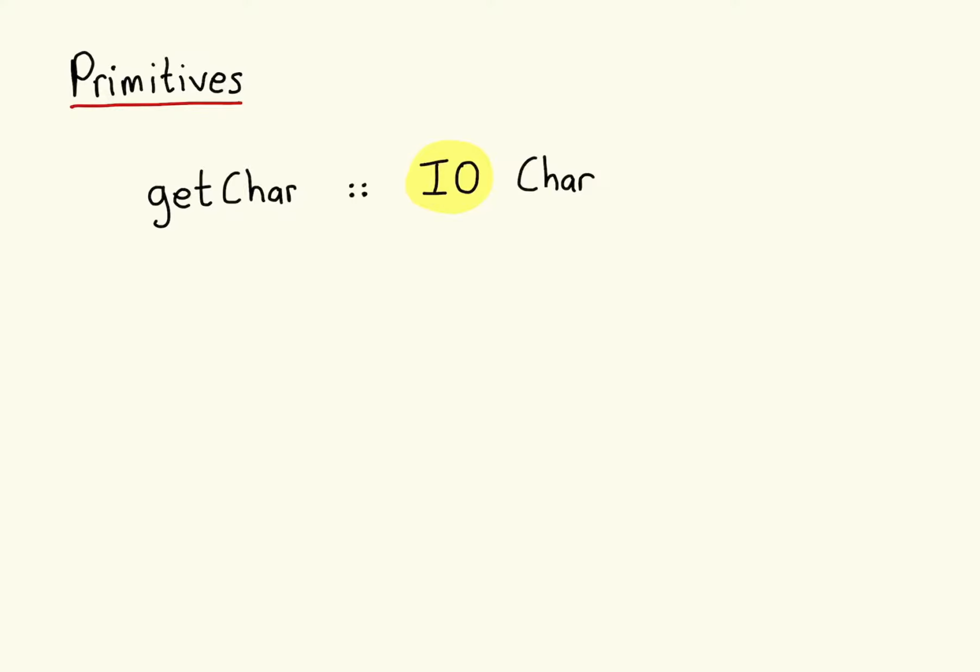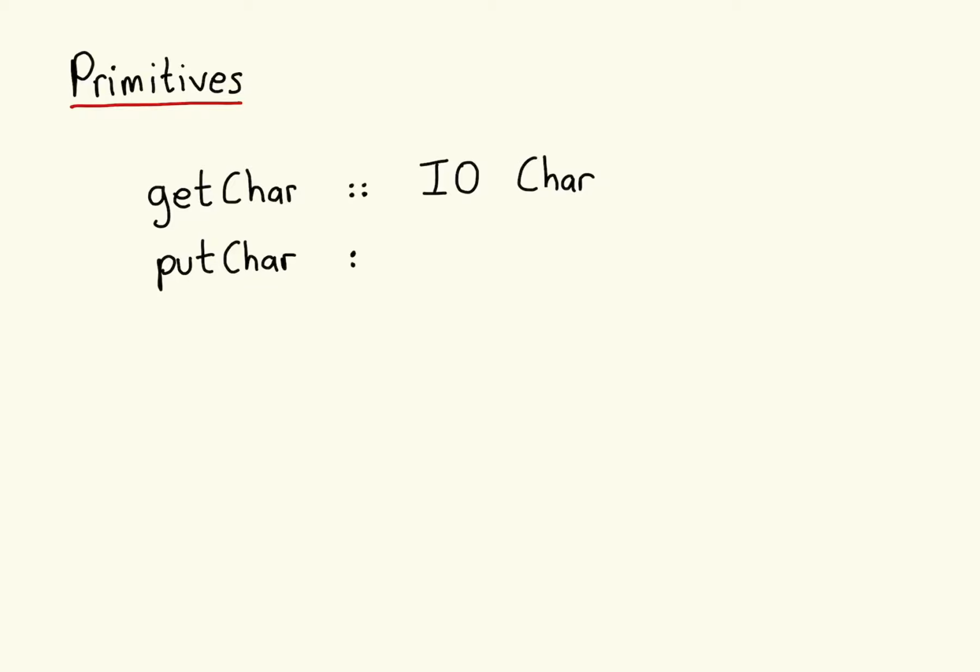And again, the important point here is this I/O tag. If we simply said that getChar had type Char, all it could be was a constant, like returning the character A. If you wanted it to actually be an impure action and have the side effect of reading a character from the keyboard, we need to have the I/O tag on its type to indicate that. And then of course what we had was the dual function called putChar.